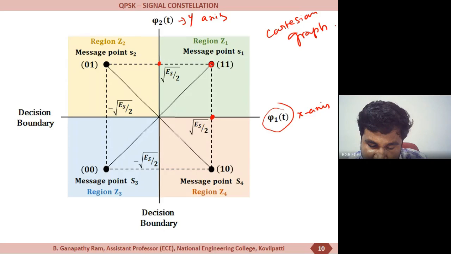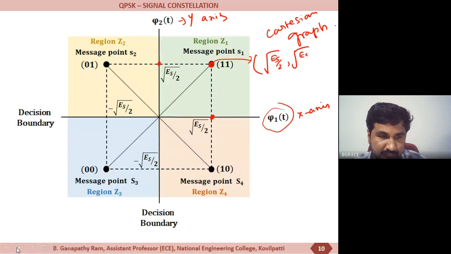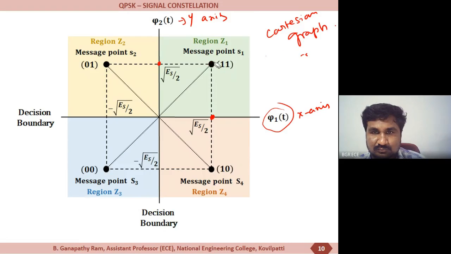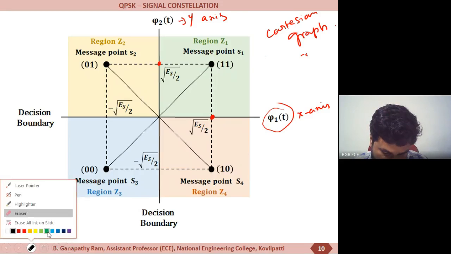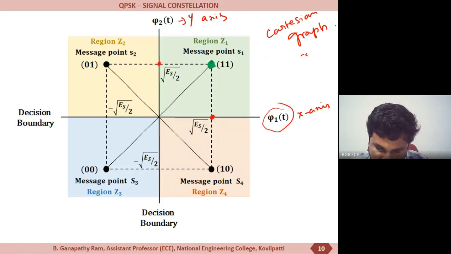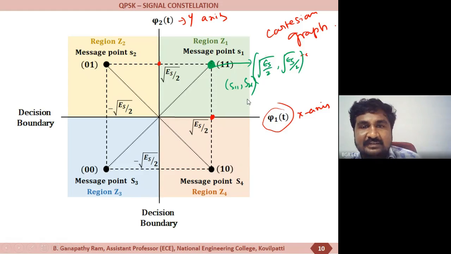So both these points are representing the coordinate square root of Es by 2 comma square root of Es by 2. That is S11 comma S21, which is corresponding to the binary data 11.